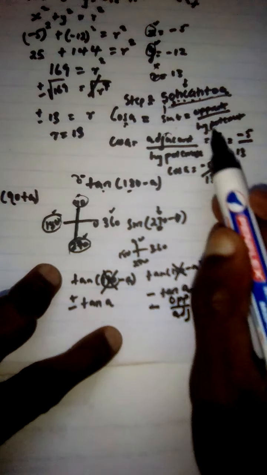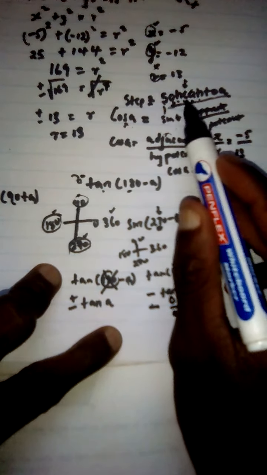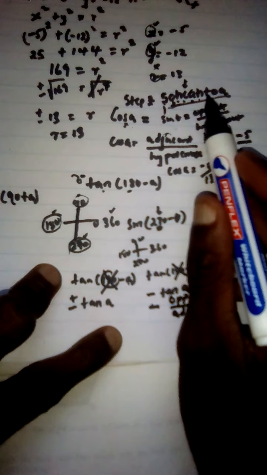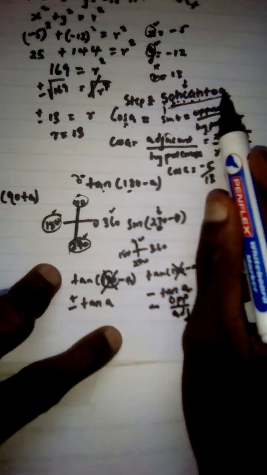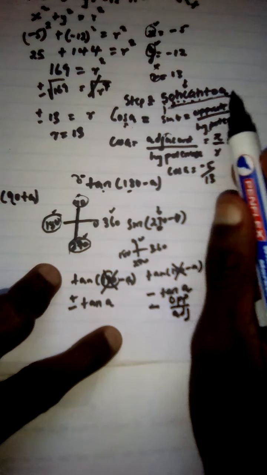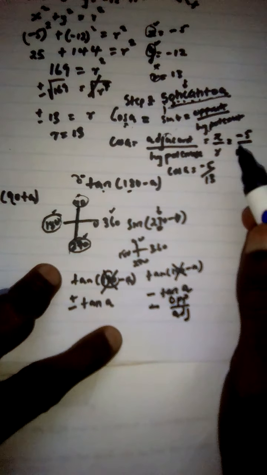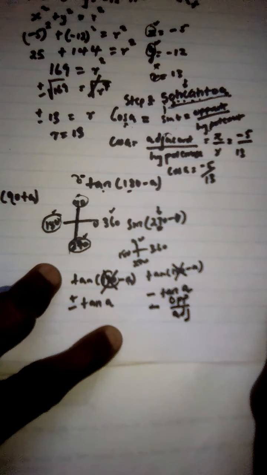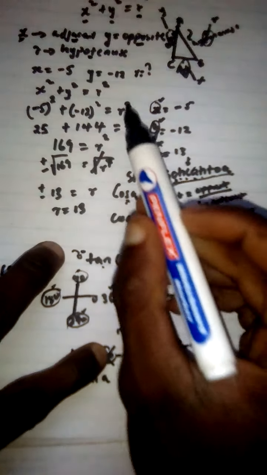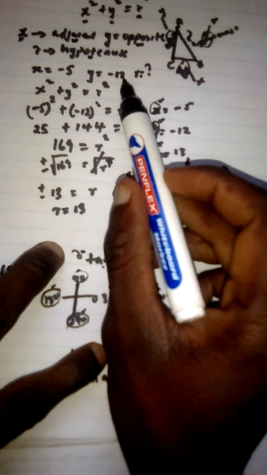Remember, you have to use SOH CAH TOA, T for tan. Tan is opposite over adjacent. And I said opposite represents y. Always opposite represents y. And what was the value of y? The value of y is minus 12.